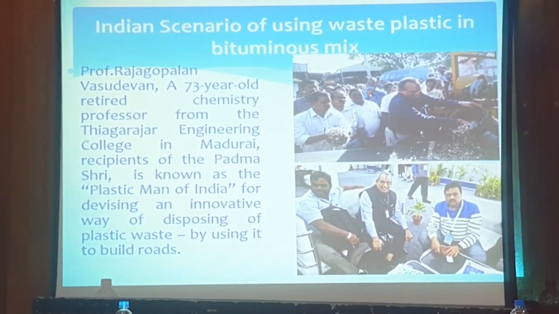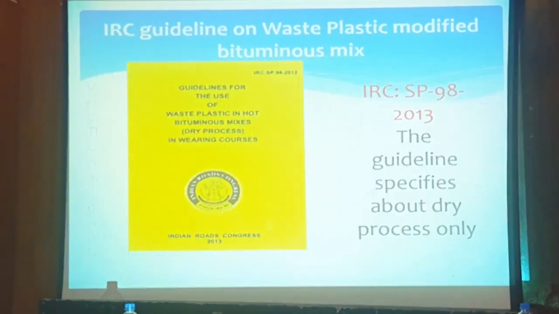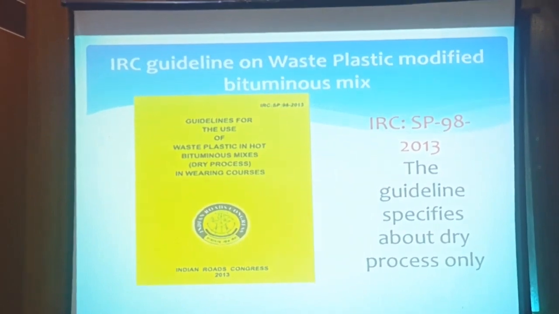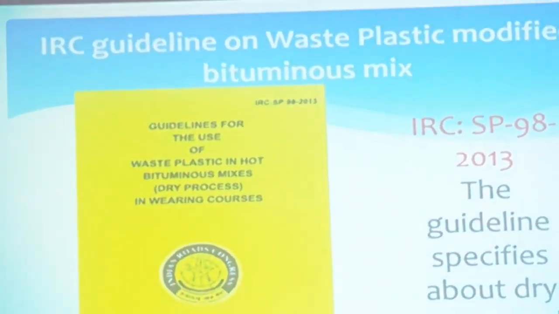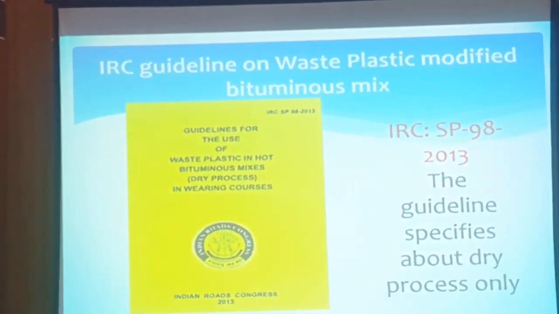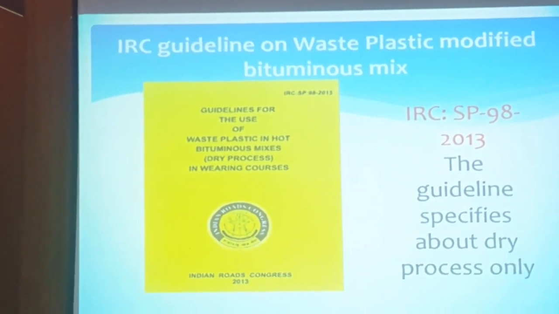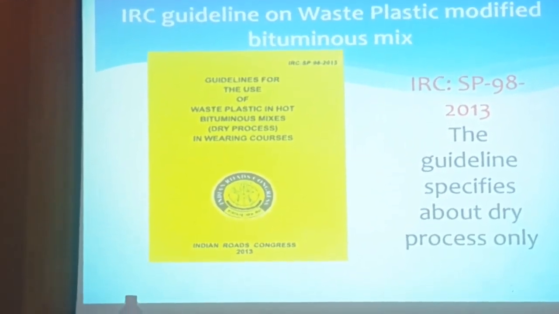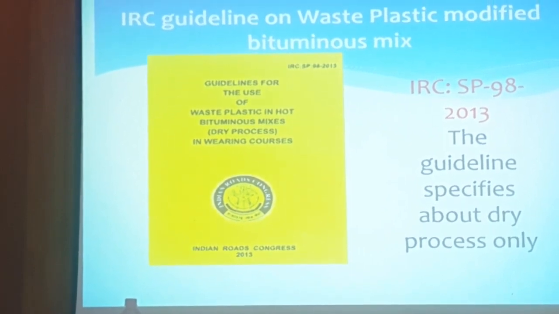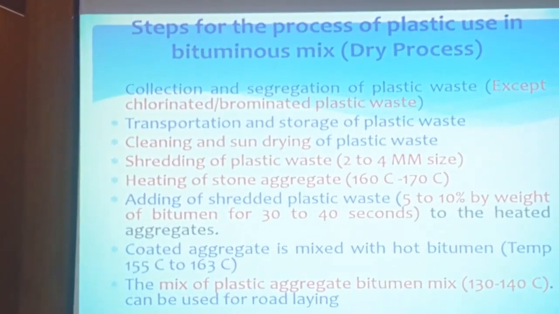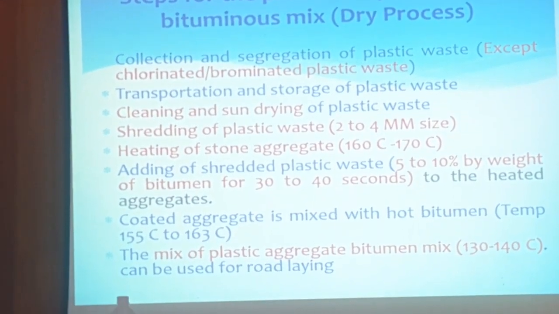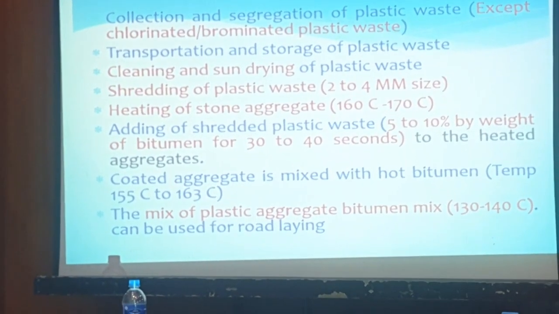And this is the code for this plastic modified bitumen, SP 98, 2013. If you want to know the details about this, my presentation is there. You will get all the details. I am just going through quickly. There is one dry process and another wet process.